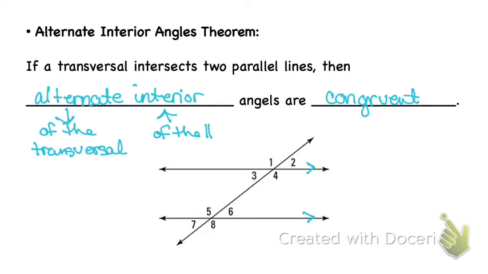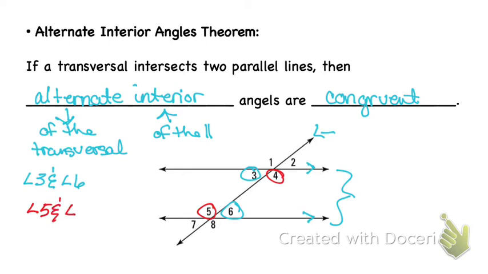So if I want alternate interior, so inside of this area, and alternate the transversal. So that gives me 3 and 6. And 5 and 4. Alternate interior. We can list them 4 and 5 either way.